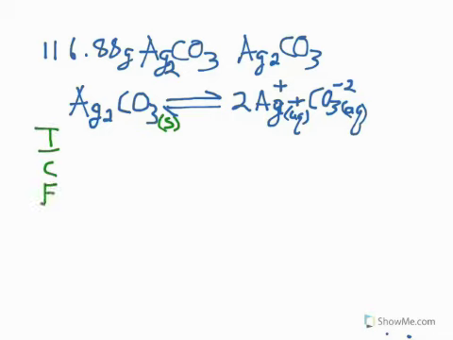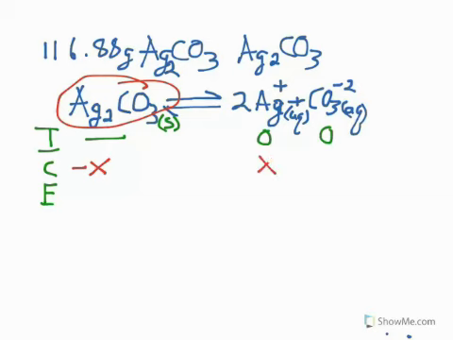So now I do an ice table. Again, you're familiar with this. And silver carbonate is an infinite supply because it's sitting on the bottom of my beaker. So I put a dash like we do, 0, 0, initial. Then X of the silver carbonate reacts, so it's minus X. This gives us X, but there's 2 of them up here, so it's 2X.